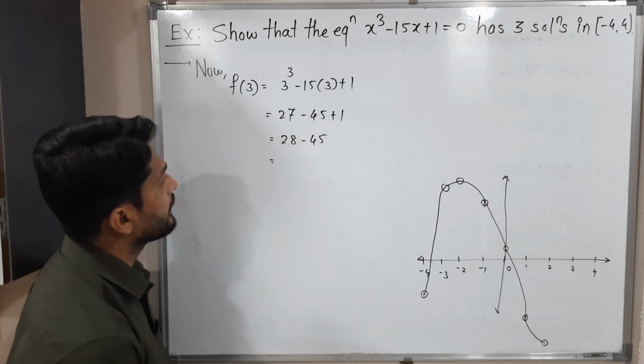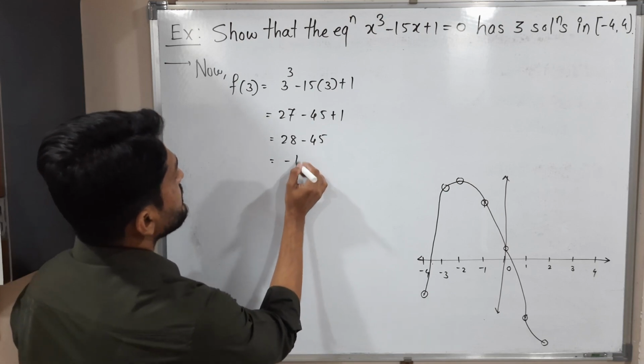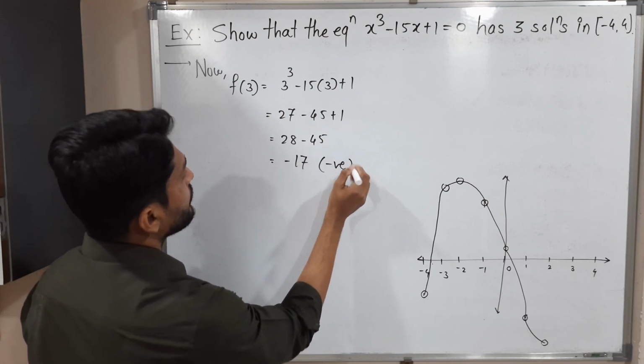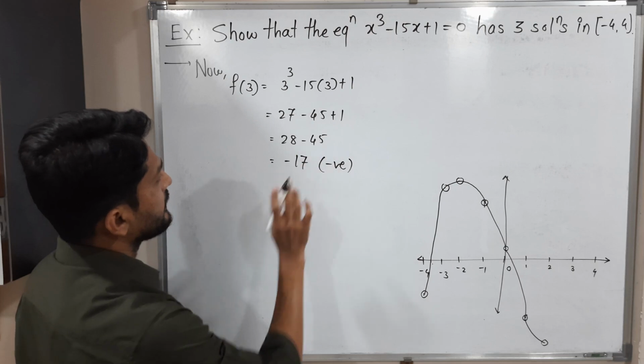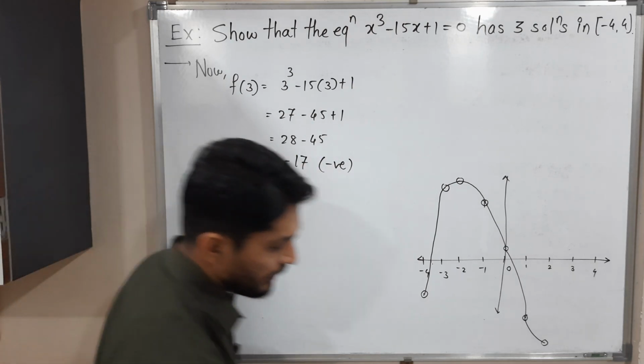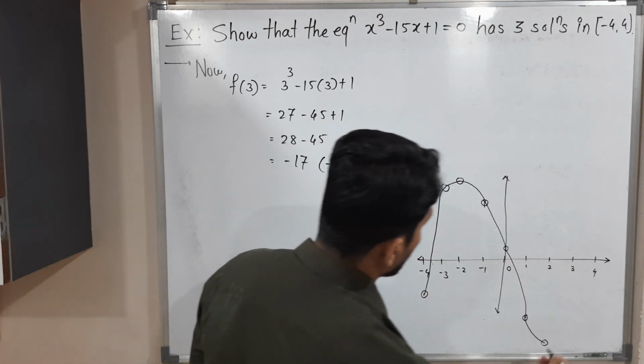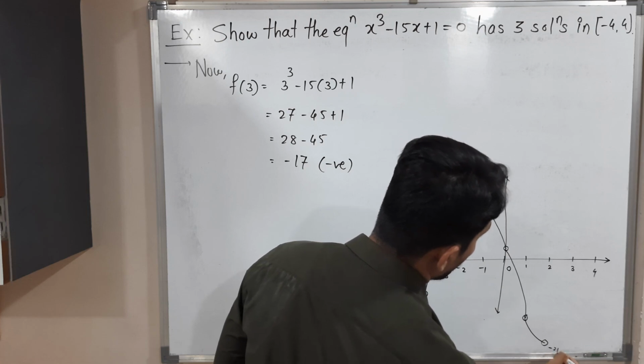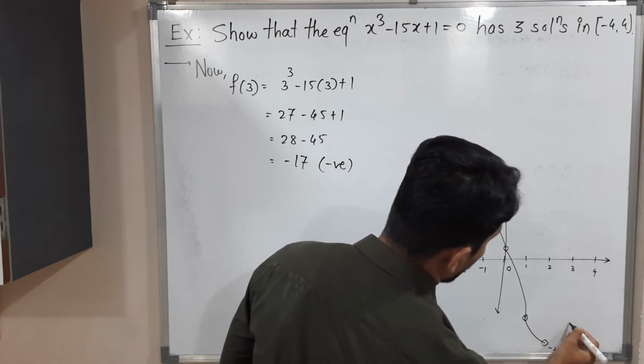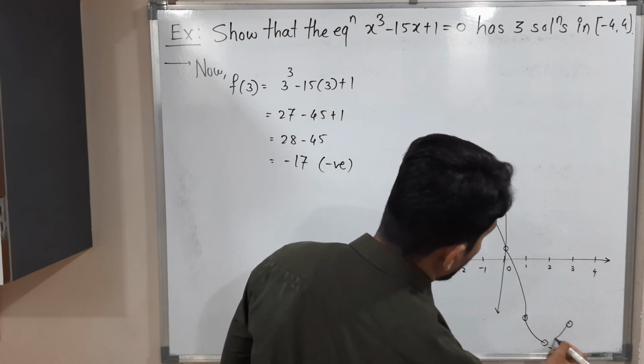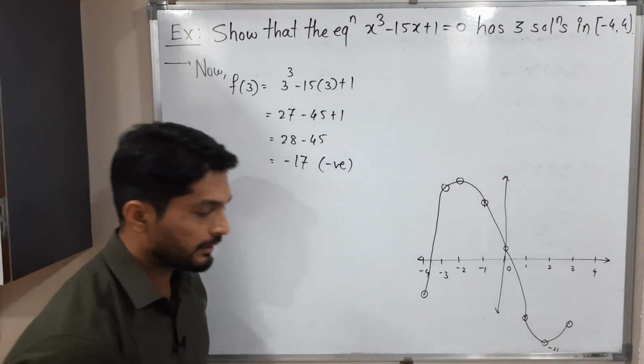So it will be minus 17. Okay, so again negative. Yes, it's minus 17, a negative value. Let us move further.